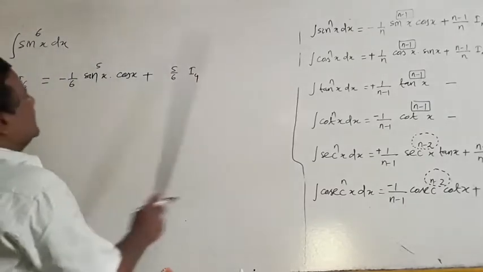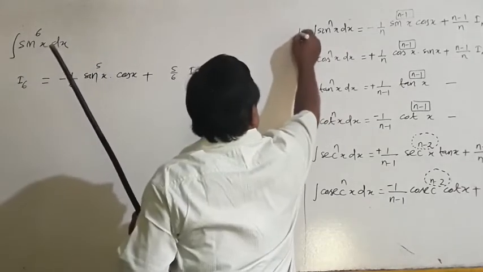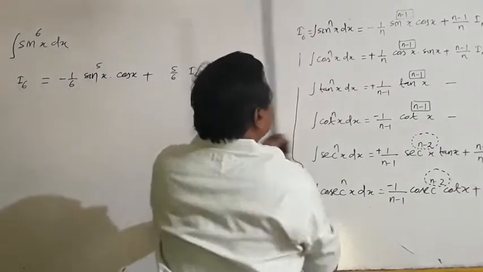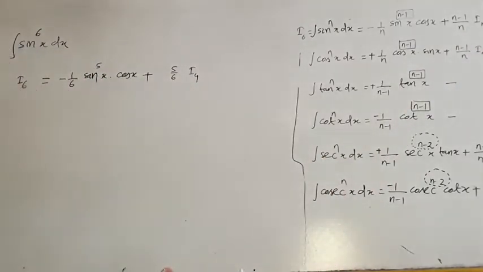When it is 6, this is I4. N minus 1, that is 6 minus 1, 5 by 6 I4.